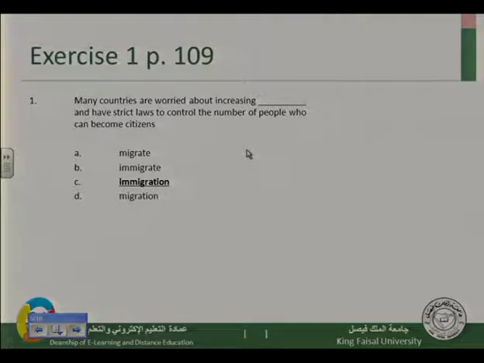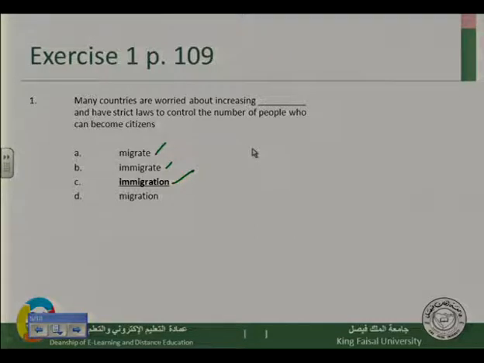So number one says, many countries are worried about increasing immigration or migration. Well, of course, obviously it's going to be immigration because migration is something different. And both of these are verbs, and here you need a noun.